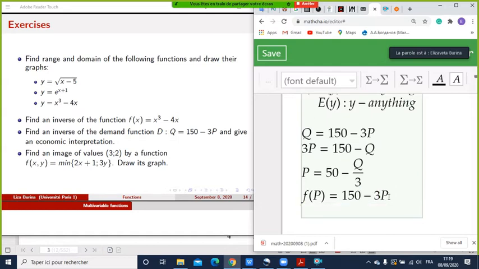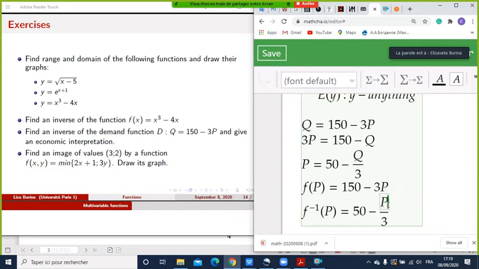And then we'd do something like f to the power of minus 1 of P is equal to 50 minus this part that I'm going to call P over 3. It doesn't make any sense economically, because why do we still have P?